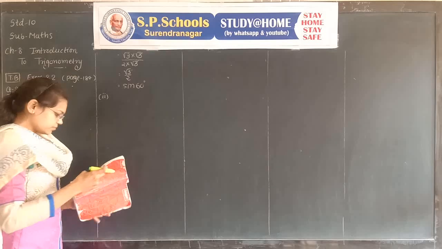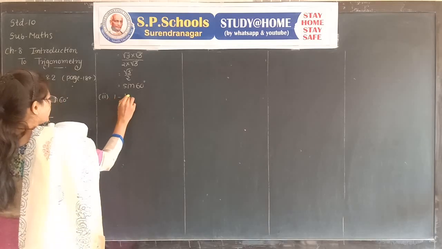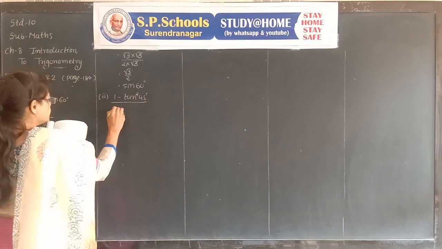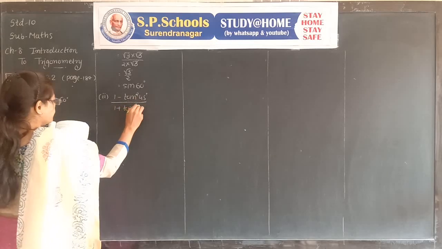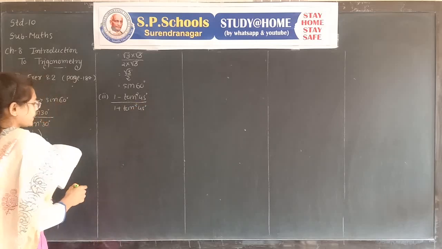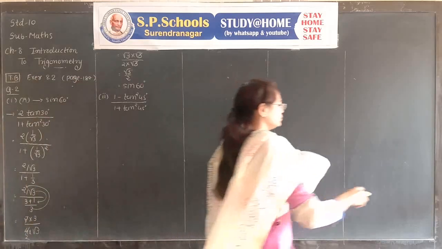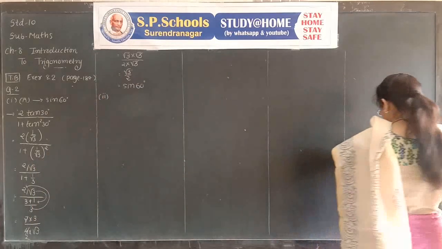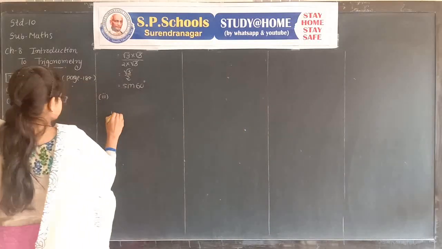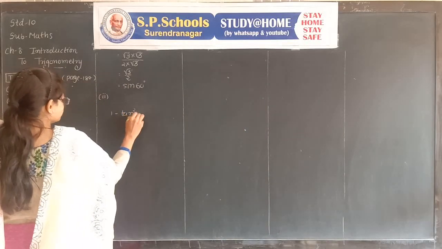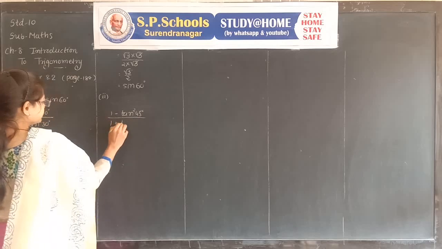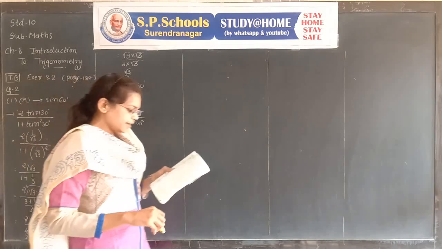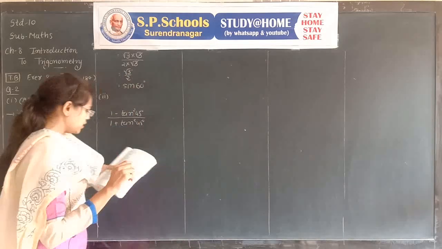Second number. Second is 1 minus tan square 45 degree upon 1 plus tan square 45 degree. Options are tan 90, 1, sin 45 and 0.